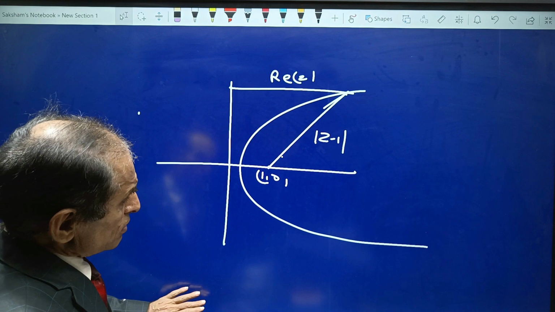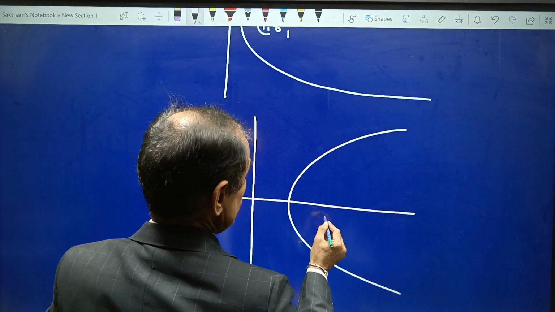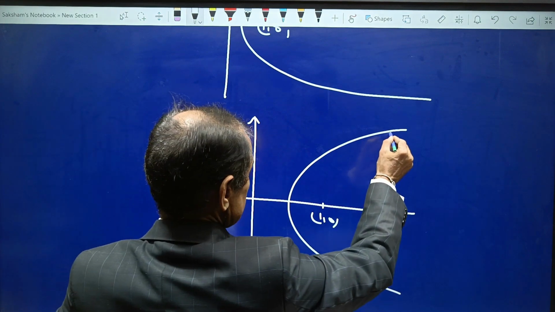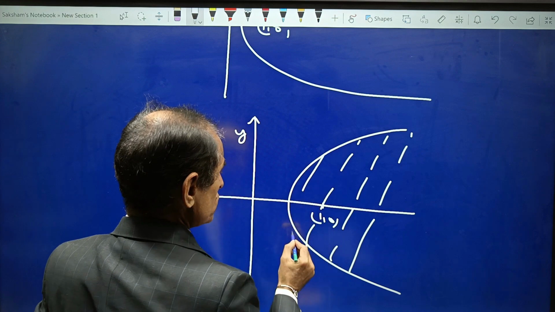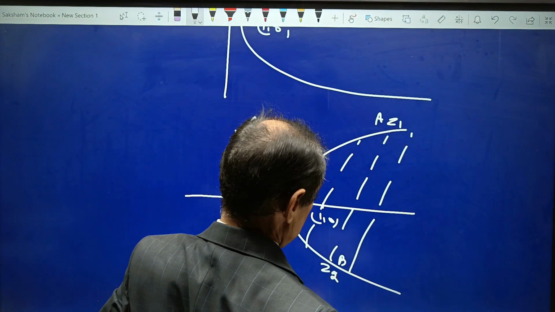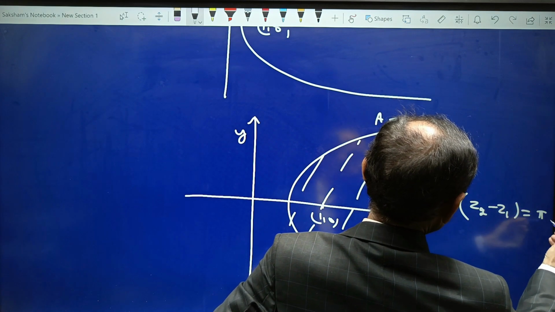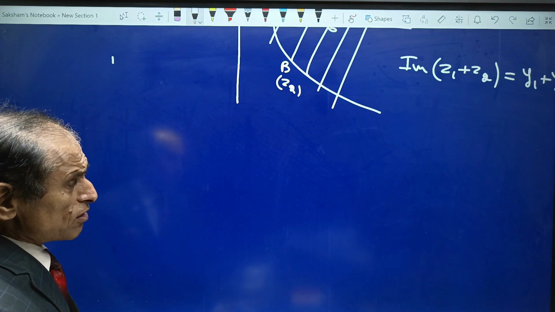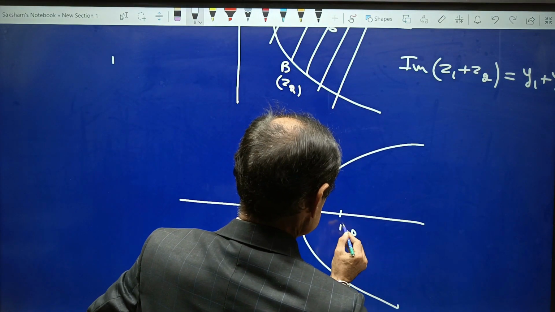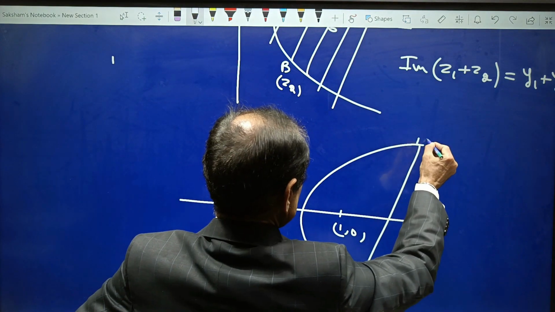As we have already proved that the locus of z is this parabola with focus at 1 0, directrix as y-axis, and these are the parallel chords, and z1 is somewhere here, z2 is somewhere here, this point is A, this point is B, and as it is given that argument of z2 minus z1 is pi by 6, and now keeping this conclusion in mind that z1 and z2 lie on a parabola with one focus at 1 0, directrix as y-axis, and B is somewhere here, A is somewhere here.